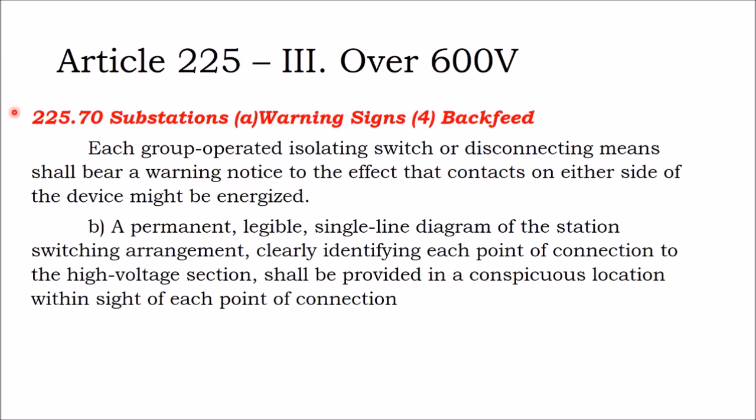So, here we have diagrams. If you're in a high to low voltage electrical unit, you better know at each point when you're stepping up into high voltage what's going on. Each point of connection needs to be visible.